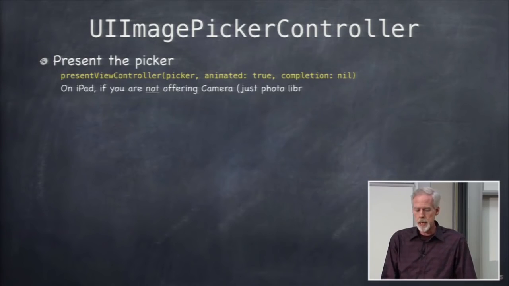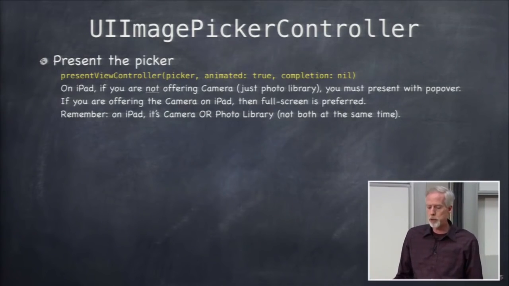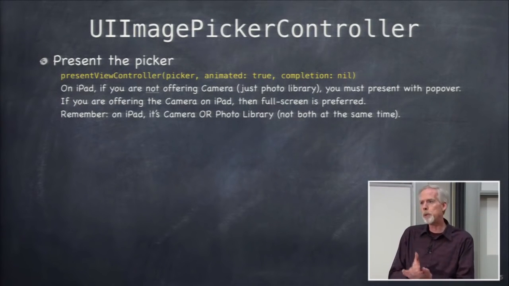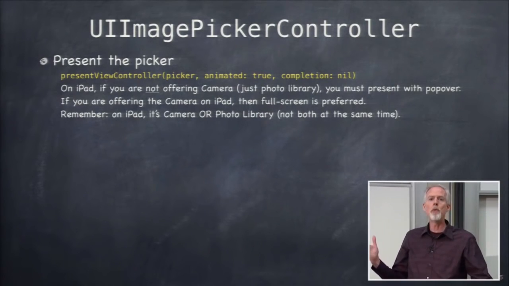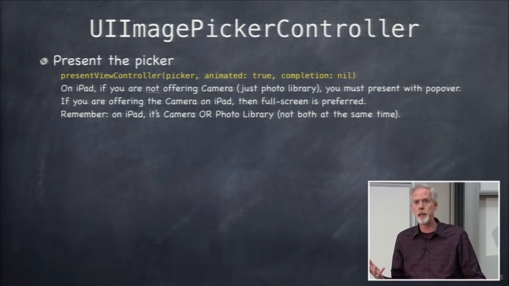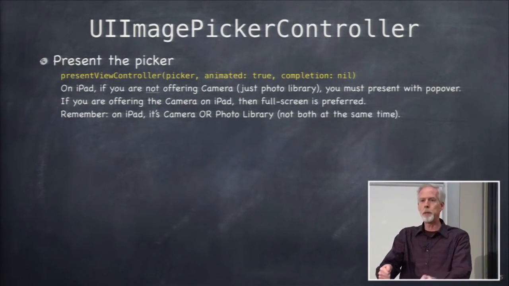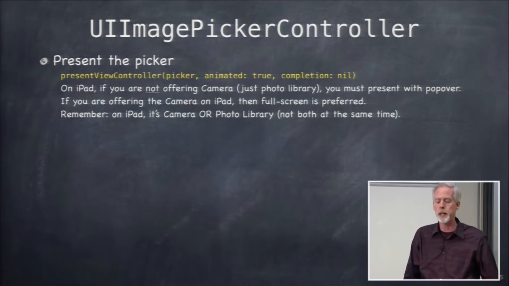Okay. You present it using presentViewController. Now, the interesting thing about this is when you're doing the camera, you're always going to presentViewController. It's always going to take over the screen, even on the iPad. So on the iPad, when you do the camera, you're going to have this huge camera taking a picture, okay? The whole screen is going to be the camera.